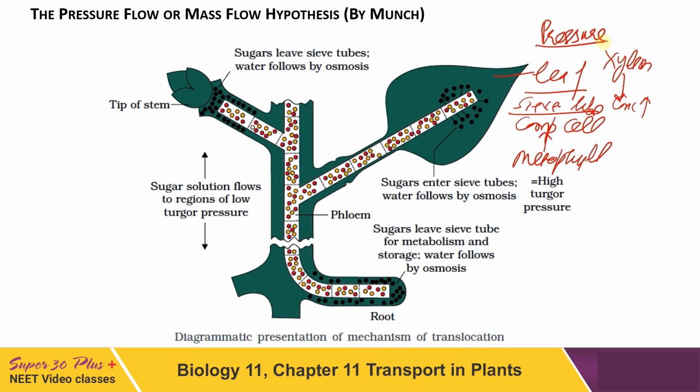Because of this pressure, the water along with the sucrose molecules starts to move to the root. The root is the sink, where solute molecules, sugar, are taken out, and the water is again conducted through xylem. This hypothesis was given by Munch.